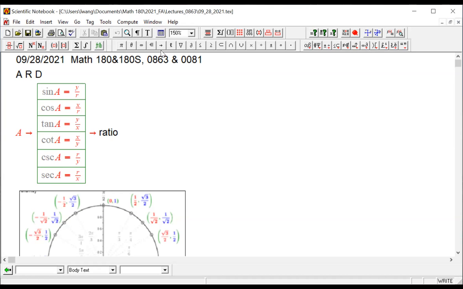ARD: A is for angle measurement, which is referring to the angle as input to the measurement. R, okay, D, okay? And we're going to study the rest of the functions in terms of domain and range.